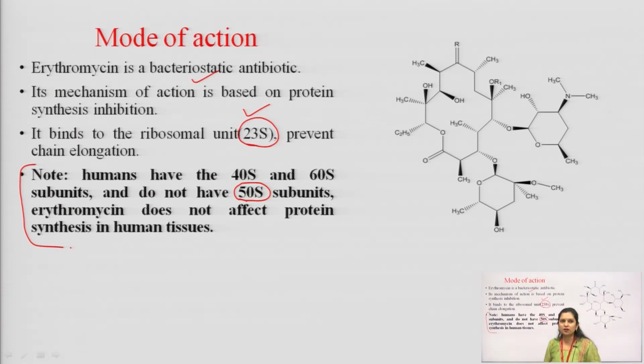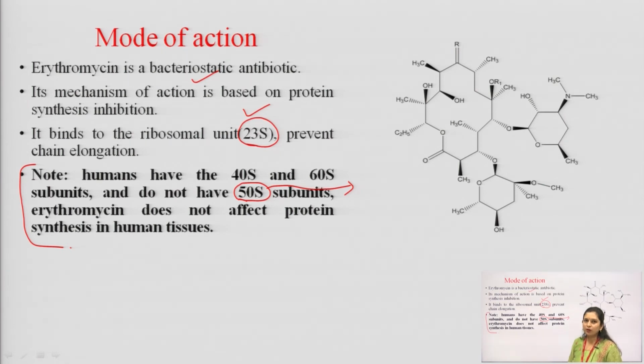This is the only reason that erythromycin does not interfere with the human peptide elongation chain, or we can say that erythromycin does not disturb protein synthesis in humans because it is active on the 50S subunit, which is present in bacteria.